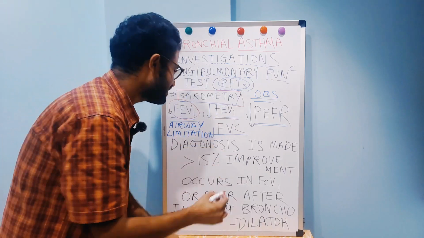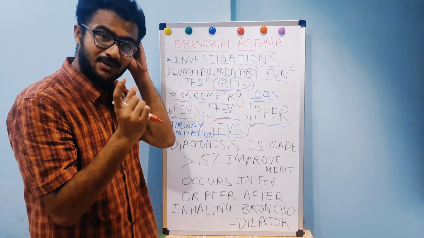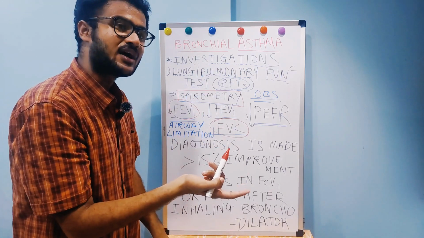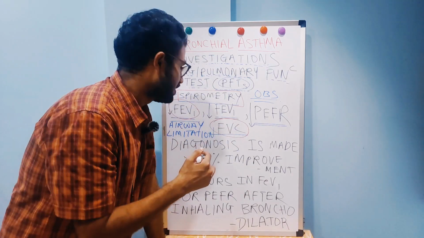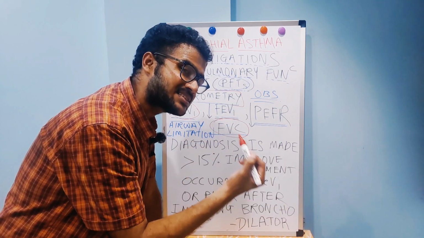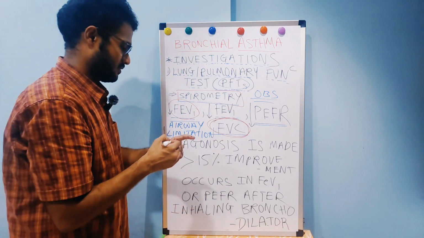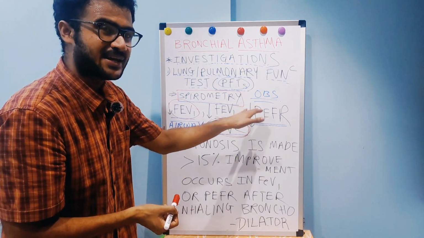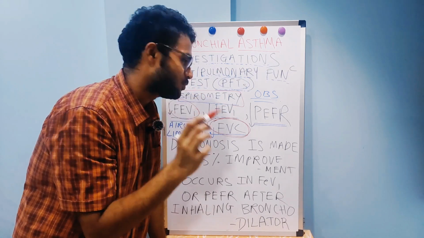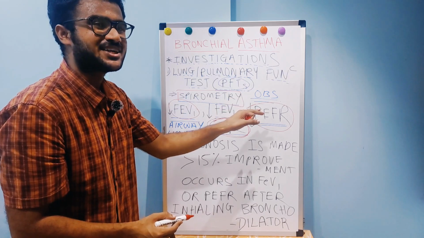Forced vital capacity is the maximum total amount of air you exhale forcefully after maximum inhalation. So that is forced vital capacity. And peak expiratory flow rate, ये आपको बताता है maximum rate of airflow during forced expiration.